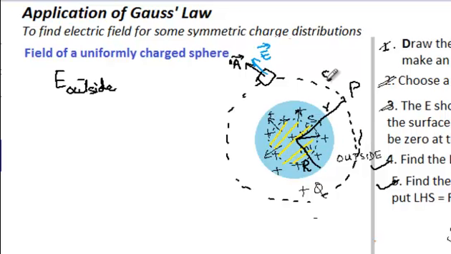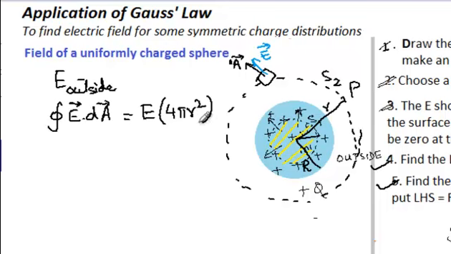Now for this Gaussian surface, we once again have integral E dot dA, and using the same explanation we can say that E is a constant, and the integral over the area elements gives us the total surface area.